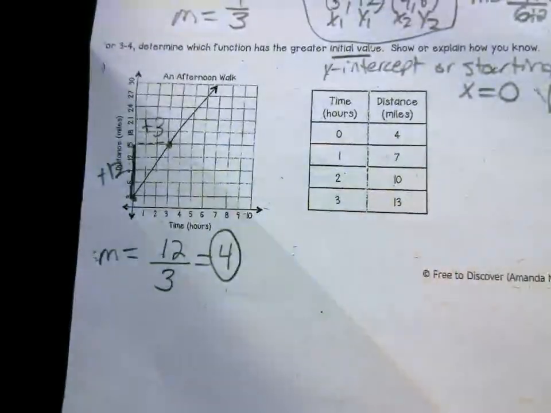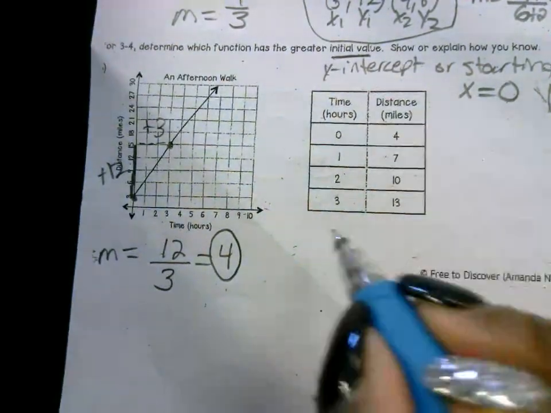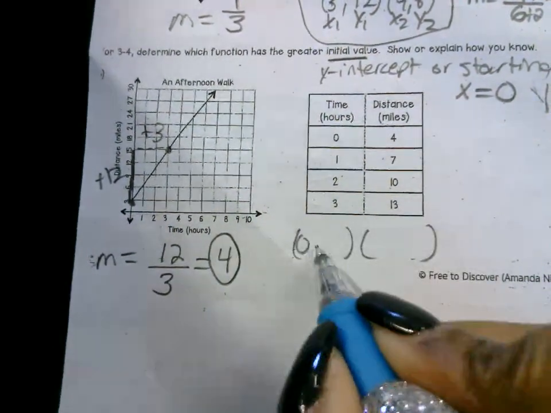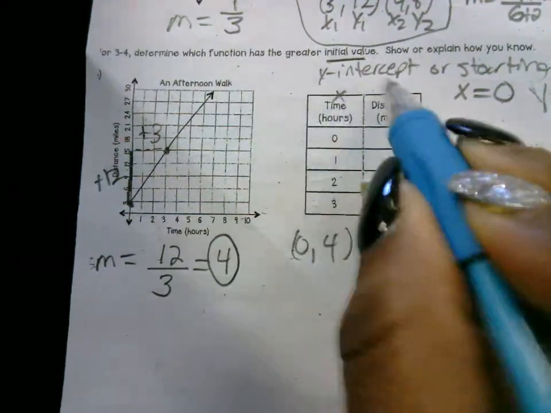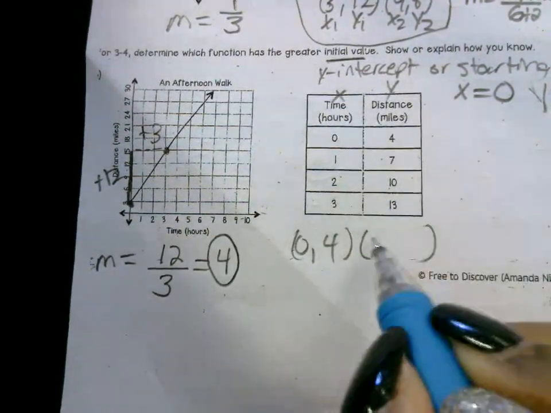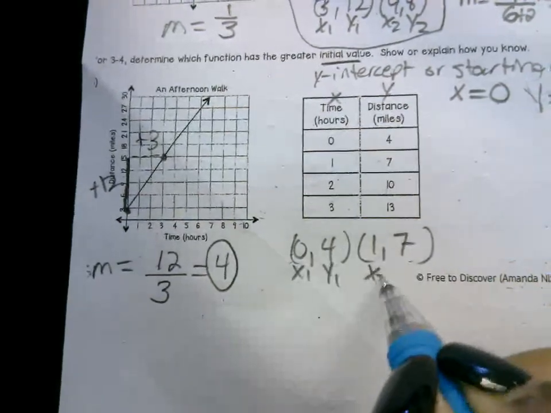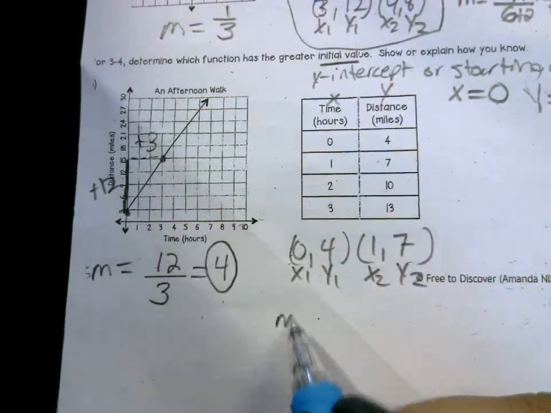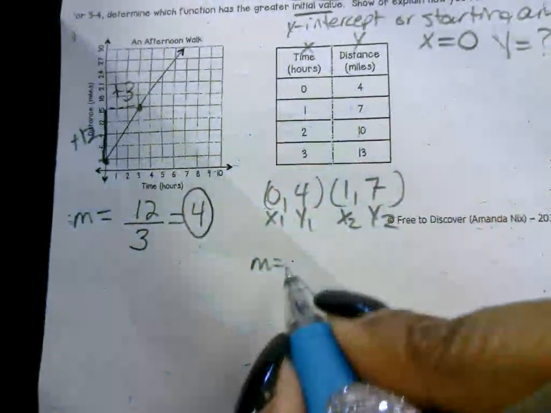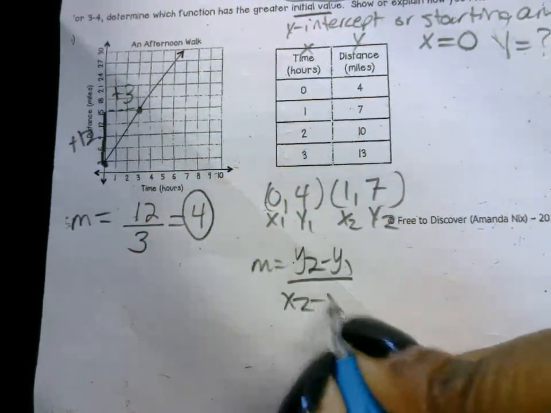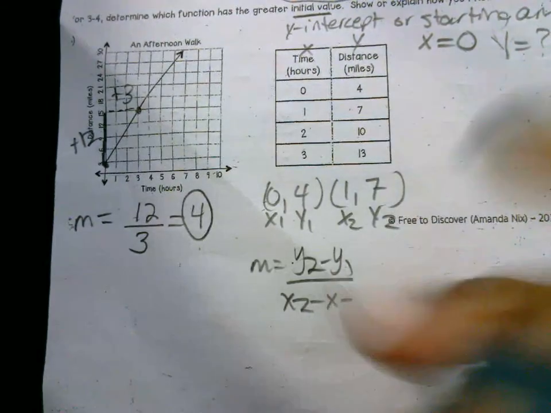Let's find m of the table. We can use 2 ordered pairs. I'm going to use 0 and 4. This is x, this is y. And I'm going to use 1 and 7. x1, y1, x2, y2. 7 minus 4. Very good. We got y2 minus y1 on the top, just in case, so you won't get confused as to where I'm getting the numbers from.